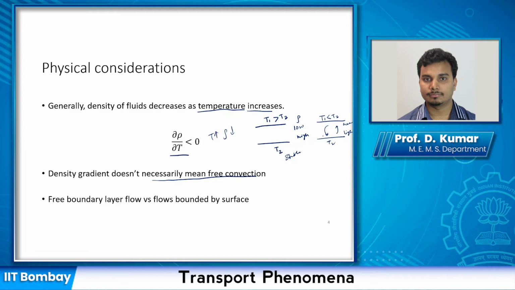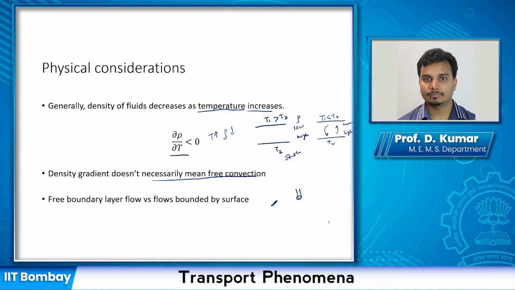Then the other distinction is free boundary layer flow versus flows bounded by a surface. What we mean by free boundary layer flow is, let us say you have a very thin rod which is heated up. If you just look at the cross section, what will happen is it will form what we call a plume.